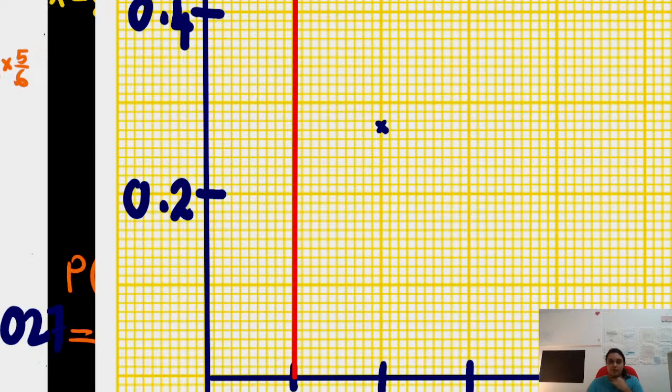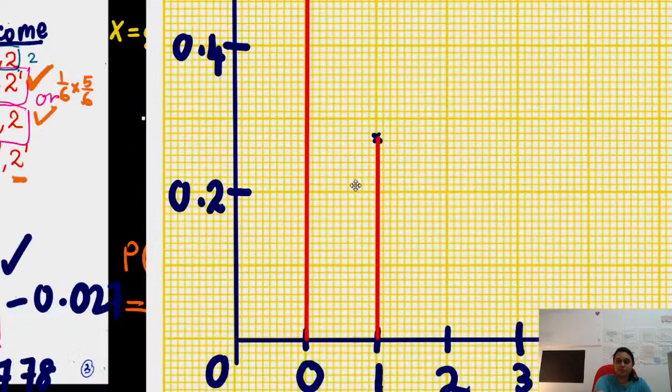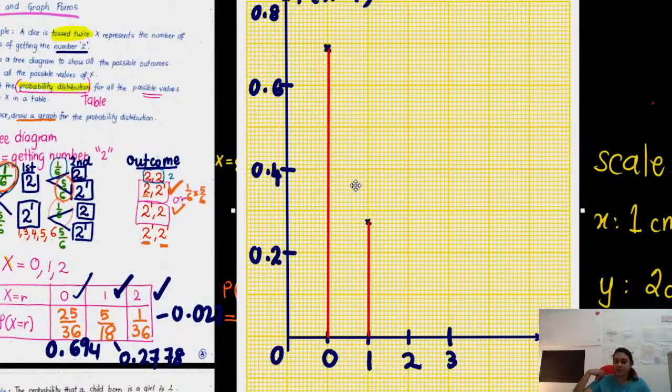Now let me draw a straight line from the bottom here touching the top here. So done for 0 and 1.